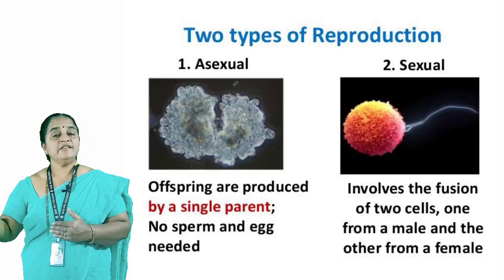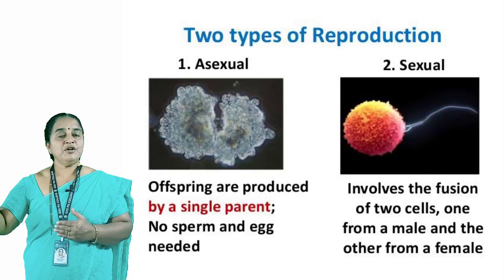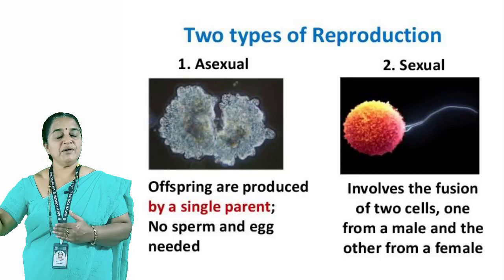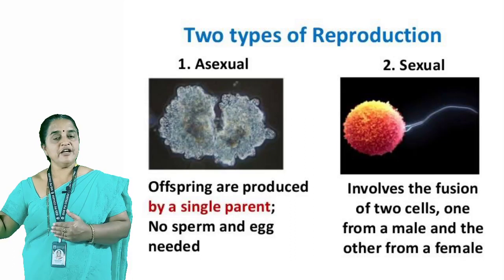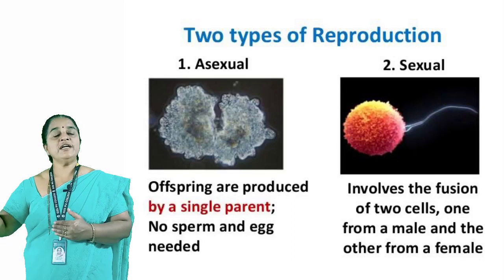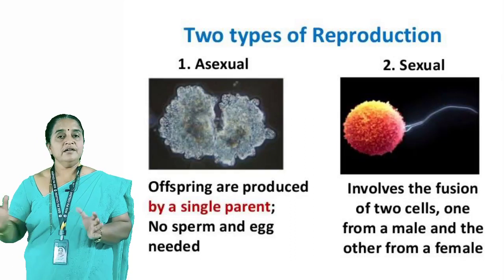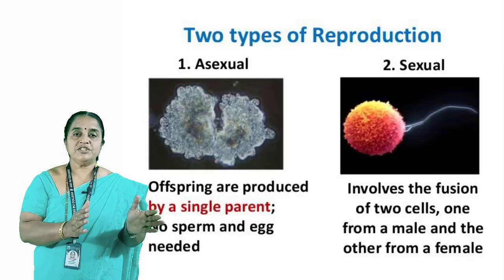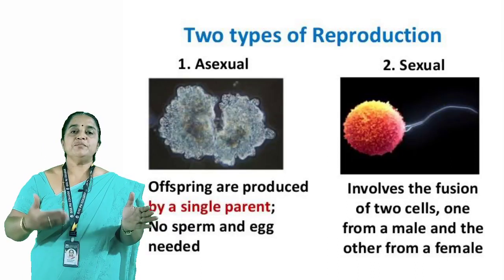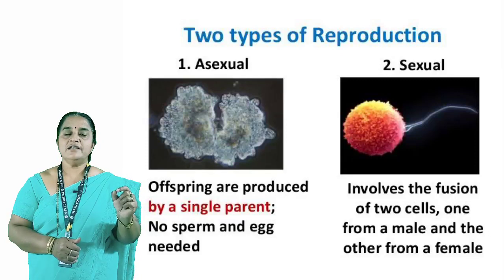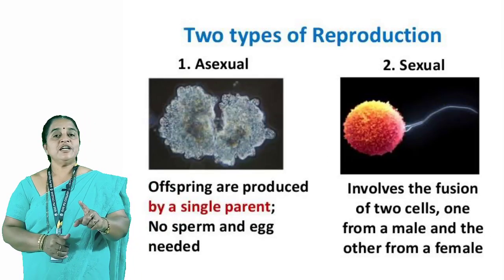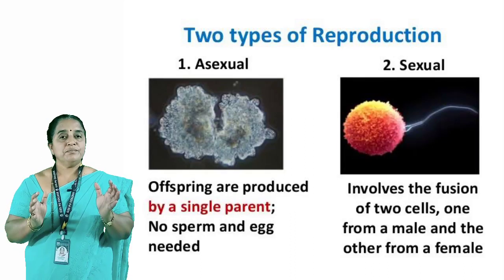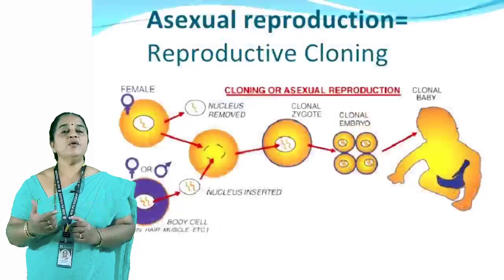While in sexual reproduction, there is gametogenesis, the production of gametes, fertilization, the fusion of gametes forming the zygote, and then embryonic development. In asexual reproduction, the progenies produced are identical to the parents, both morphologically and genetically. Such individuals we call clones.